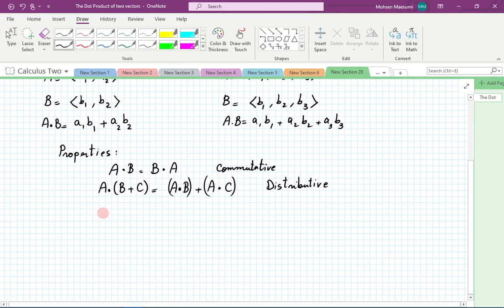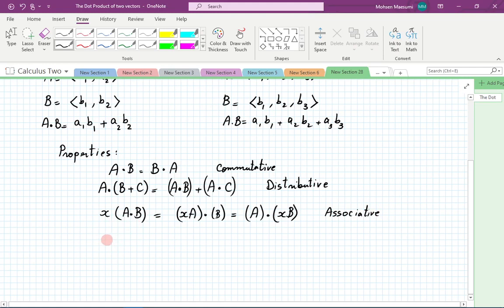If I have a number, let's call it x, and I multiply it by A dot B, that is the same as taking x multiplied by the vector A and then dotting it with B, or taking the vector A separately, taking the vector xB separately, and then dotting them at the end. So this is a form of associative property, except that one of these entries is a scalar, a number, and the other two are vectors.